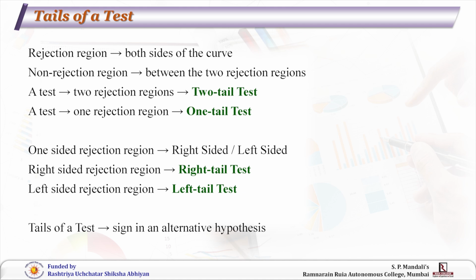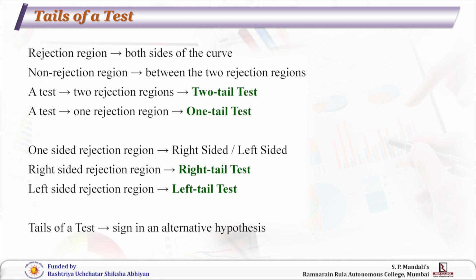A test with a single rejection region can either be a left-tailed test or a right-tailed test, depending upon whether the rejection region lies on the left side of the curve or the right side of the curve. The tail of the test can be found out from the sign of the alternative hypothesis, the mathematical symbol used in the alternative hypothesis. For example, a two-tailed test will have a not equal to sign in the alternative hypothesis.